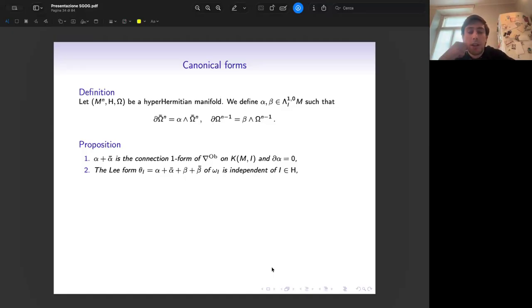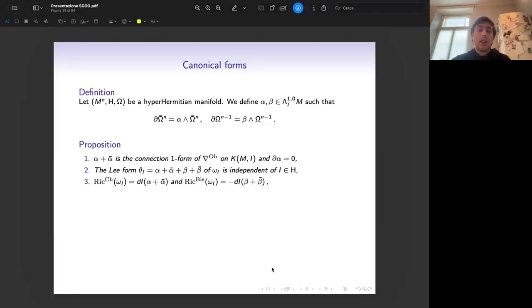And with this expression, we were able to prove that this form is independent of I. And so if we change the complex structure in H, what we obtain computing the Lee form is just the same as the one with respect to I. And so, of course, the real part of alpha is independent of I because it's the connection one form of the Obata connection. And so we obtain also that the real part of beta is independent with respect to I.